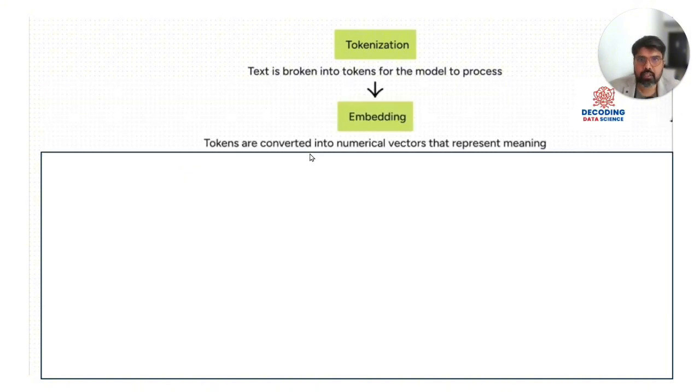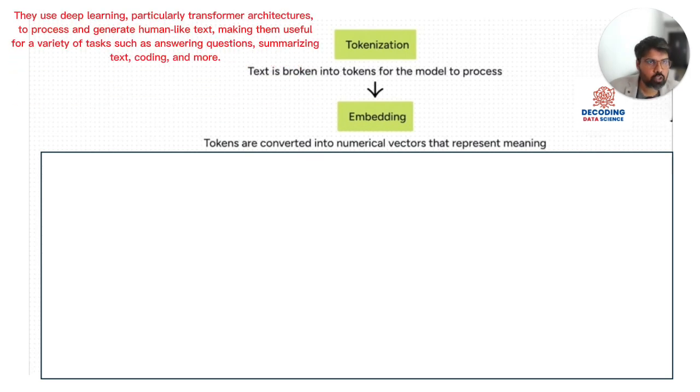The second step is embeddings. As we all know, machines don't understand text. So the tokens that have been broken down in the previous step are converted into numerical vectors that represent a specific meaning.